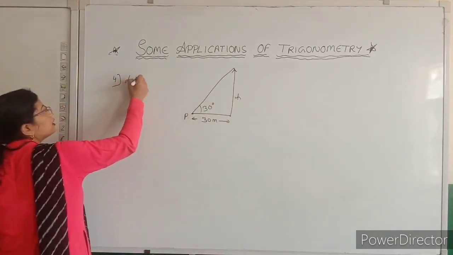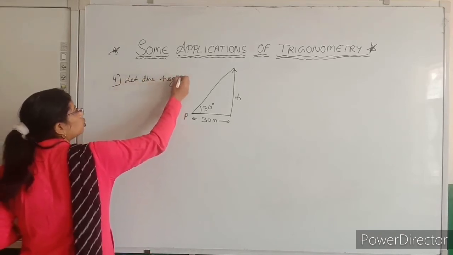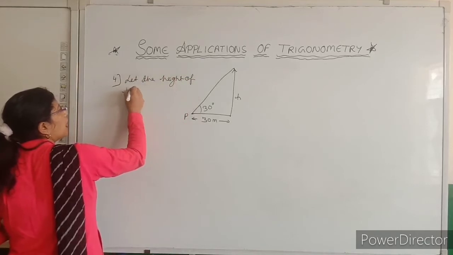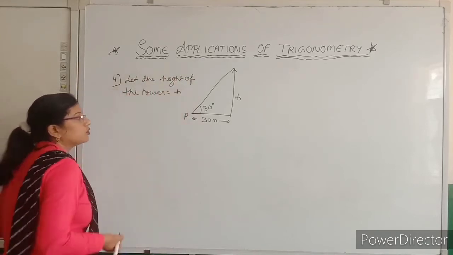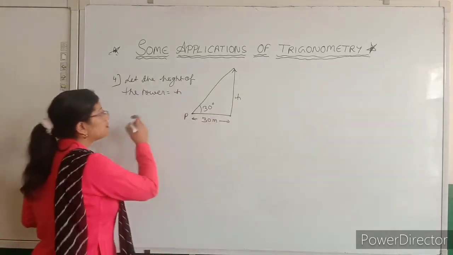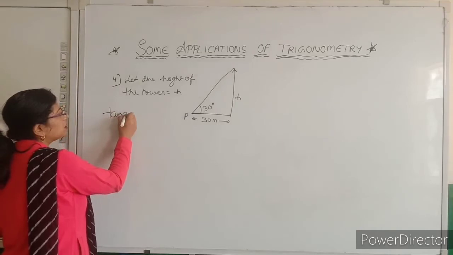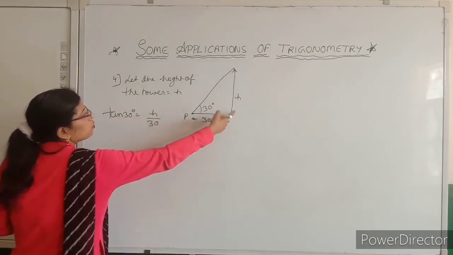So we will write, let the height of the tower be h. Now look at it. We have been given the base, so what can it be? tan theta. So tan theta is equals to h upon 30, perpendicular upon base.